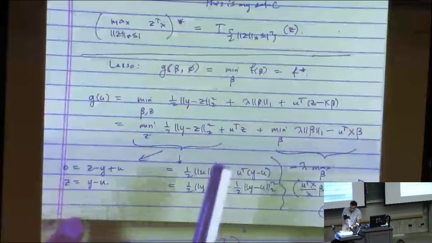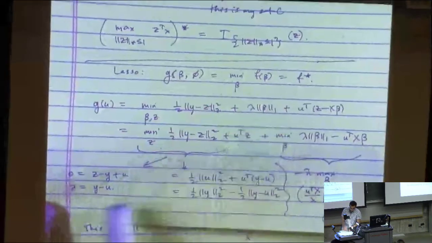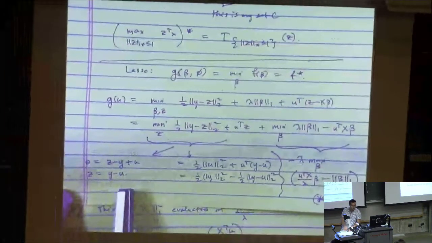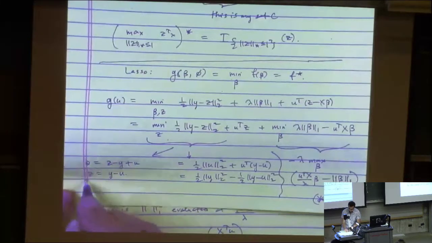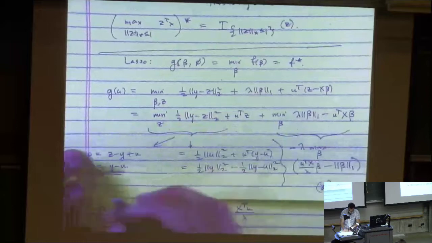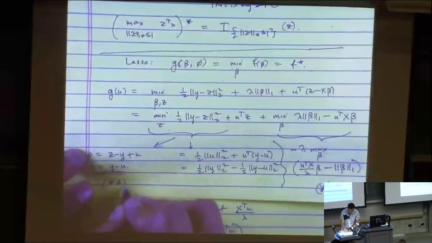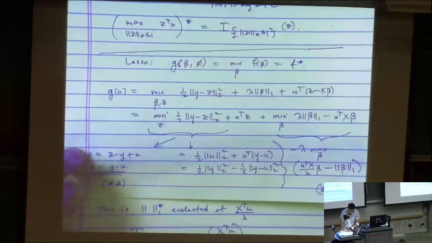In order to minimize the Lagrangian over all z, we've seen that we need to make z equal to y minus u. So this is the relationship between z at the solution and u at the solution, right here. I'll put maybe 2 stars here.